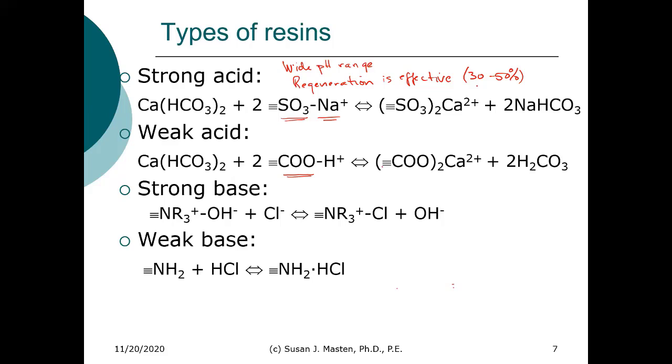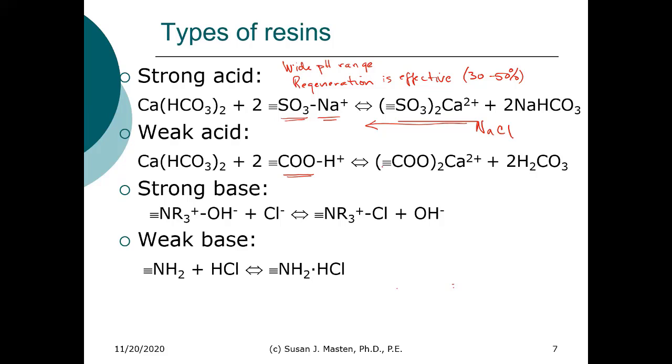You're exchanging the sodium for calcium. And then when the ion exchange capacity is reached, or what we call exhausted, you need to shift the equilibrium back. Typically we use a concentrated salt solution to shift that equilibrium back so that the resin is restored in a sodium form.